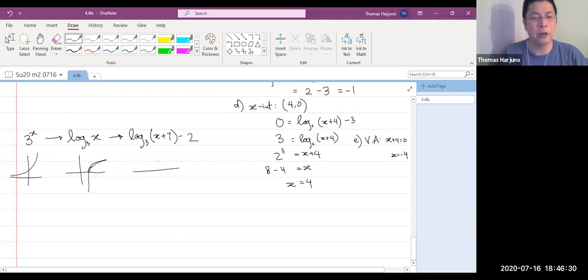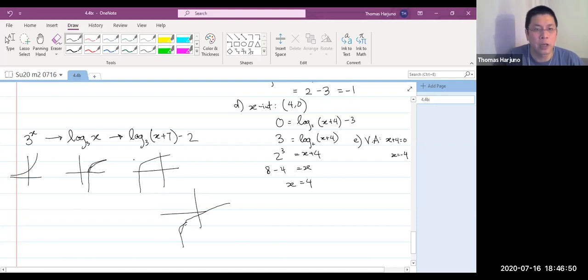Then you move 7 units to the left, and then you move 2 units down, with vertical asymptote now x equals -7. But that's just a sketch though.